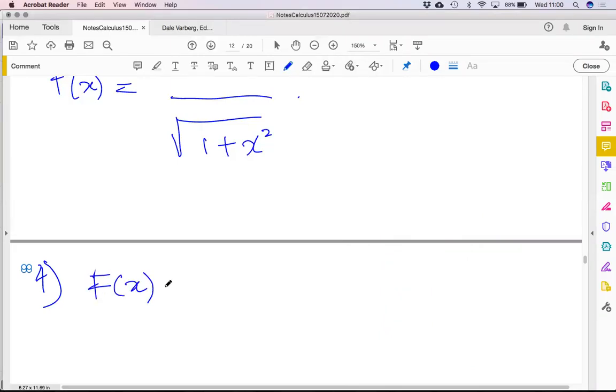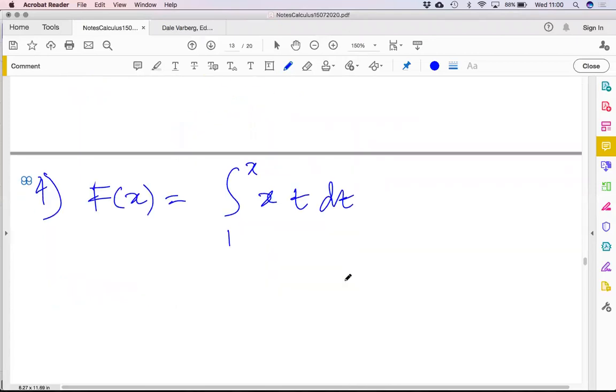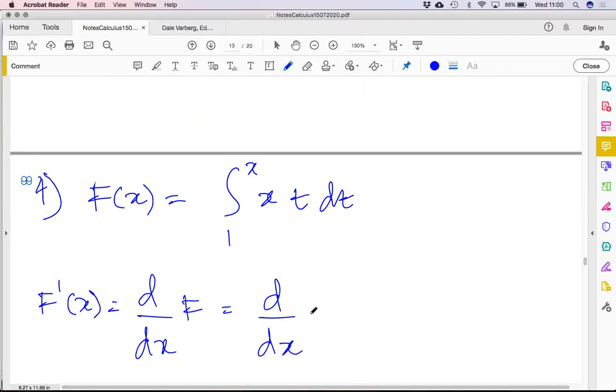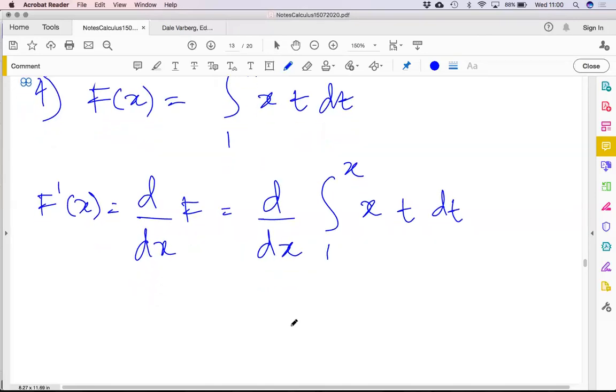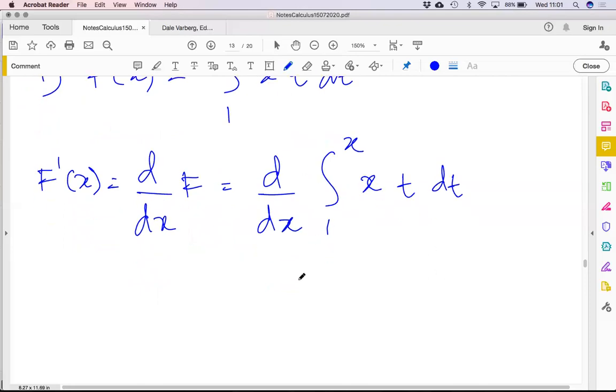Find the first derivative of f(x) equals the integral from 1 until x of x t dt. Okay, that's different. There is an x variable here. So the first derivative f prime x is d/dx of the integral from 1 until x of x t dt. Because the integral is with respect to the t variable, x here is a constant.